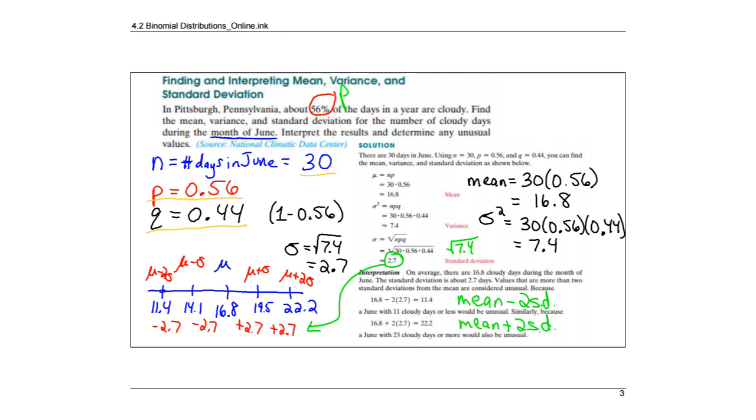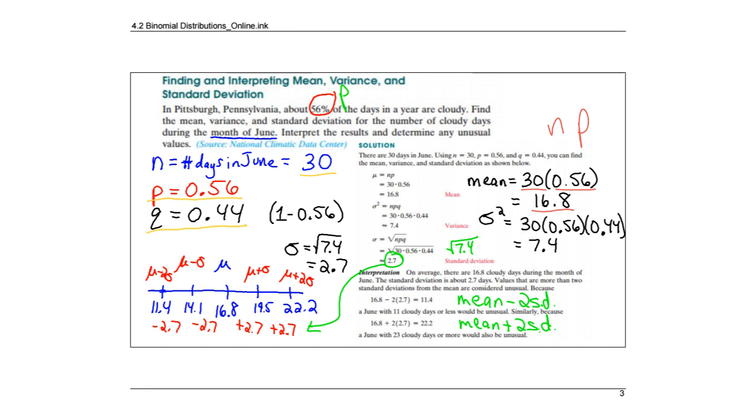And then I'm going to come over and just calculate using the calculator. So for the mean, we're going to take N times P. So that's going to be 30 times 0.56. If you put that in your calculator, you get 16.8. So the mean is 16.8.